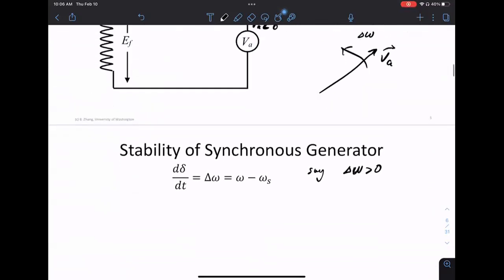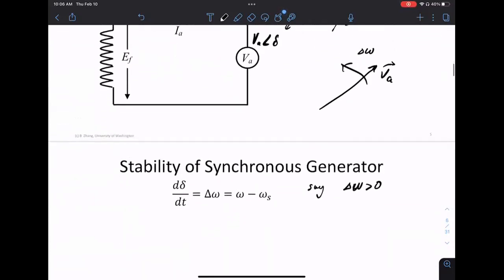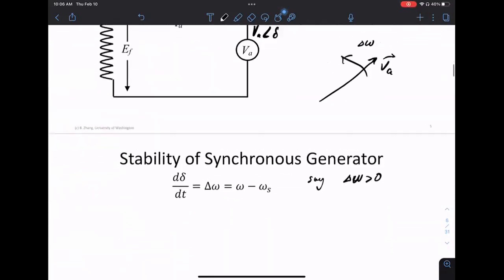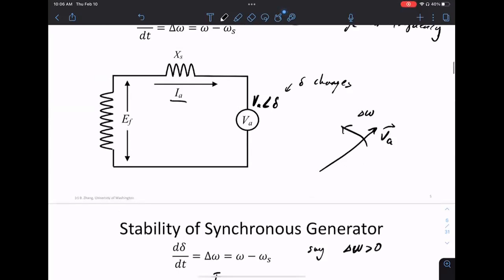If this is positive, then if you look at this vector, IA, now let's look at what happens to this current through the synchronous reactance.